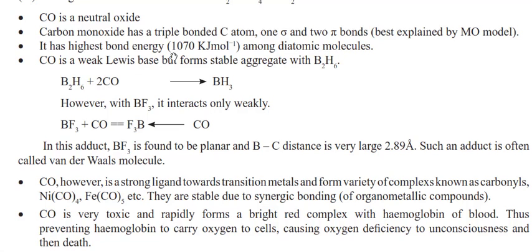CO can act as a weak Lewis base but forms a stable adduct with B2H6, which we saw yesterday. From this it produces BH3.CO, because if I take B2H6, I will get a BH3 molecule. It also interacts with metals via ligand-metal type of interaction. These things we also saw yesterday.